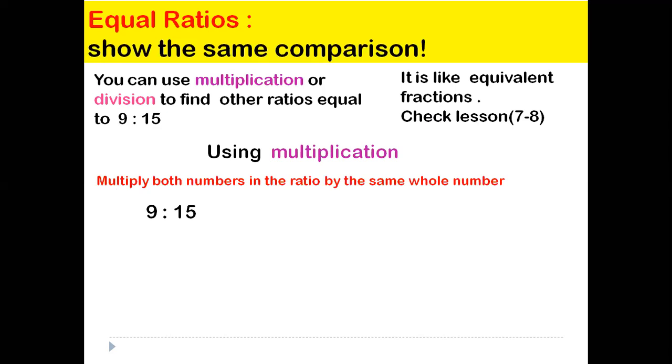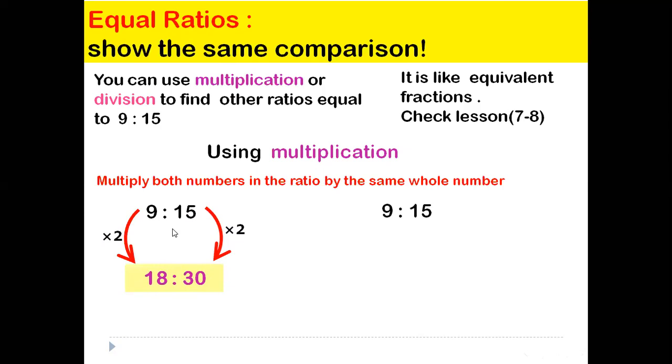So we can, for example, choose 2 and multiply both numbers by 2. We can't multiply 9 by 2 and 15 by a different number at the same time. We should choose the same number. So 9 times 2 is 18, and 15 times 2 is 30. So 18 to 30 is an equal ratio to 9 to 15.